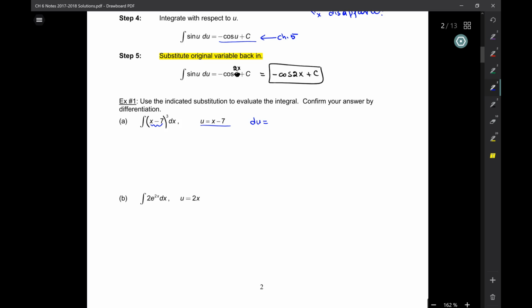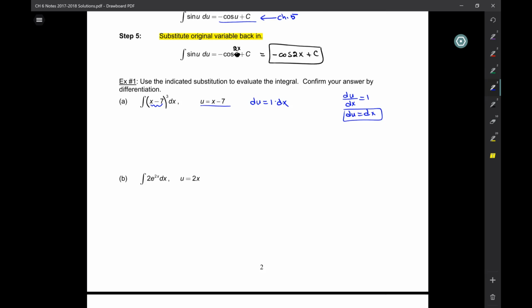It's going to be 1 times dx. We're going to add a dx because remember, du/dx is equal to 1, and then du is equal to dx. You could just go here and say du equals dx. That you must put in.